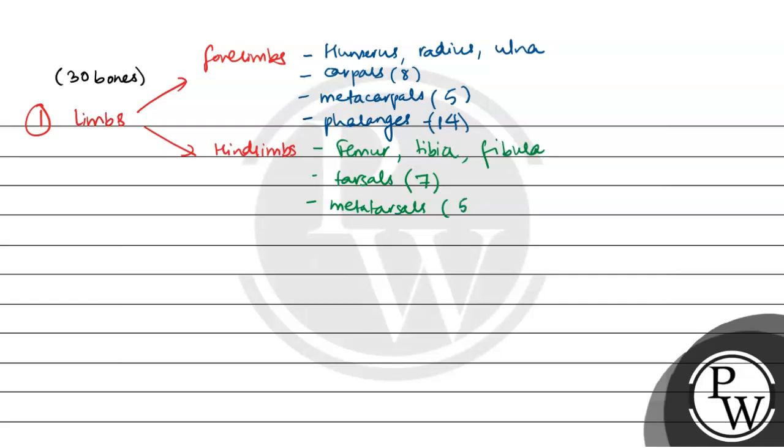Metatarsals are 5 in number. And there are phalanges, जो again fingers बनाते हैं, which are 14 in number. And the bones of the legs, which is the hind limb. Limbs में एक और bone include होता है, which is called the patella, which is basically the kneecap, which covers the knee ventrally.